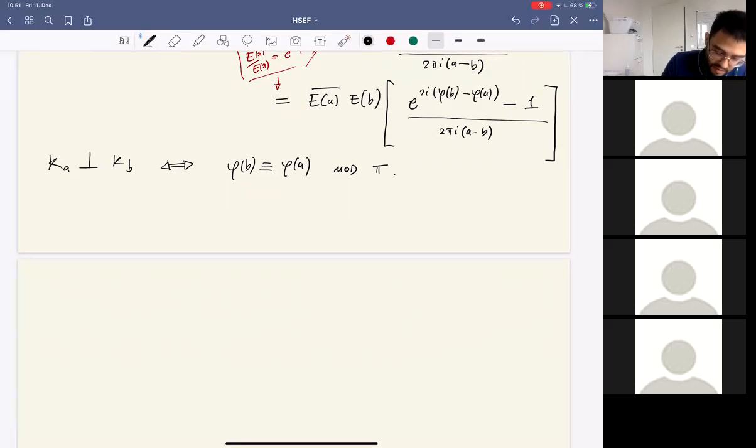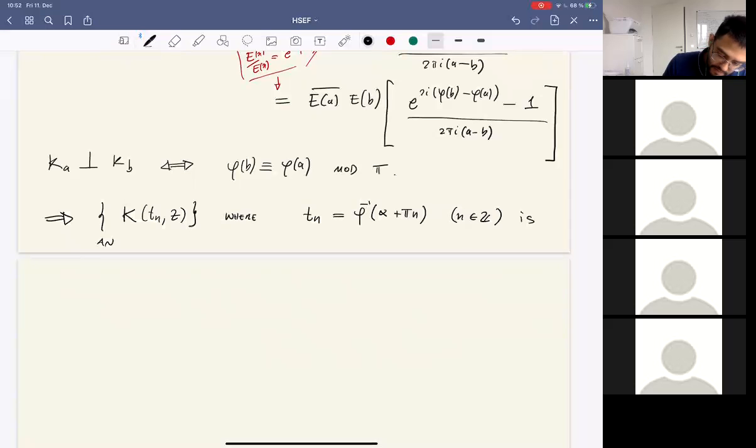So we conclude that the set K of T_n, n in Z, where T_n is just phi inverse of, let's say, some alpha plus pi n, with n in the integers, is an orthogonal set.